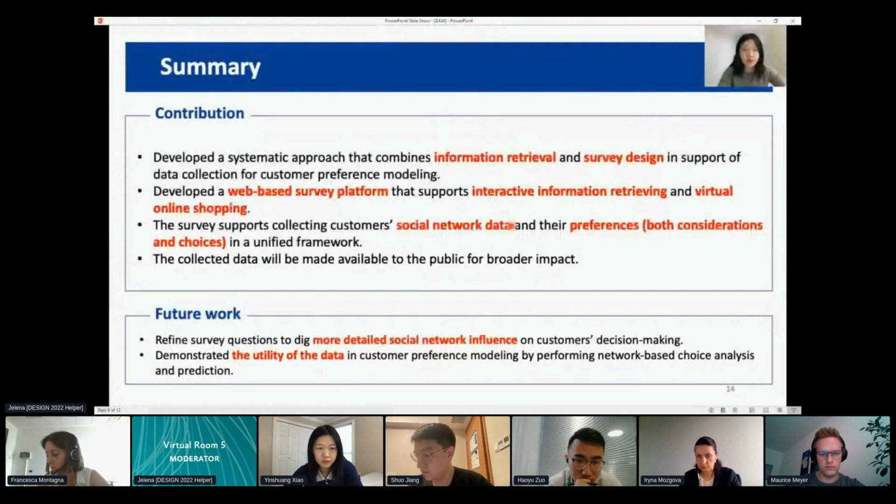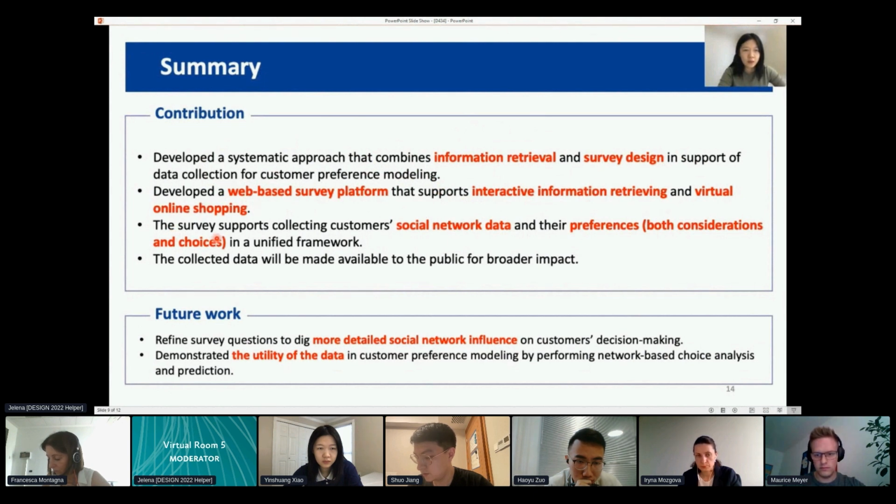Last is a short summary of our contributions and future research directions. Our contributions are that we developed a systematic approach that combines information retrieval and survey design in support of data collection for customer preference modeling. We developed a web-based survey platform that supports interactive information retrieval and virtual online shopping.